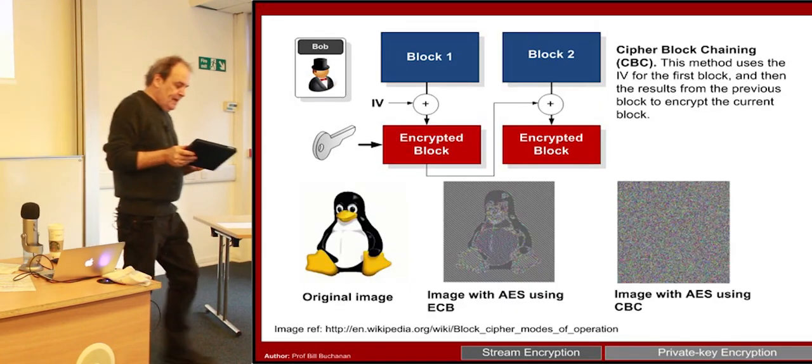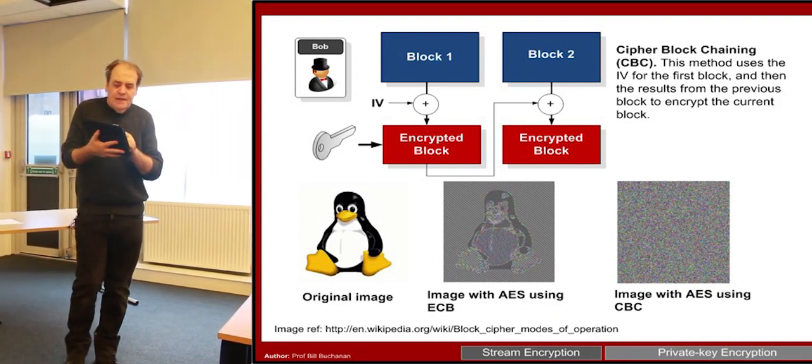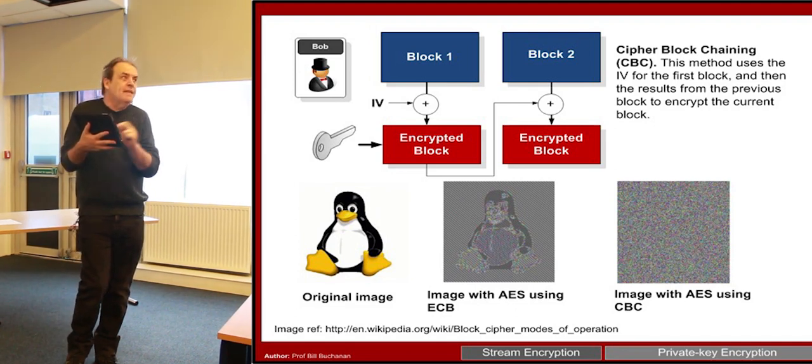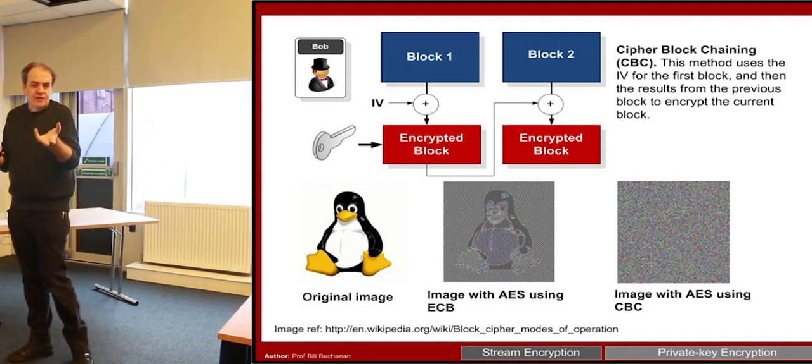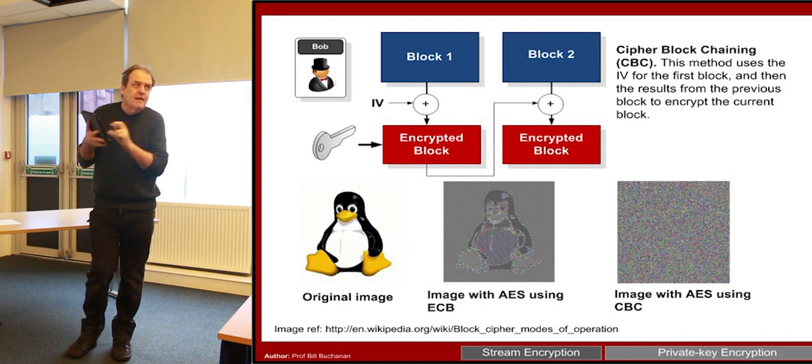So this shows an example here. There's our original image. This is the image using AES with ECB. ECB just takes each block and ciphers it. And you can see here, we can still see the penguin.